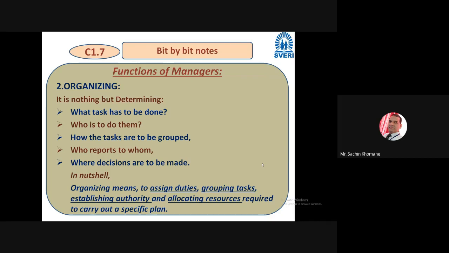And allotting the resources for producing the product or achieving the decided task: machinery, tools, raw material, or software, computers, giving those resources to that team or group of people. Getting? So this is organizing.